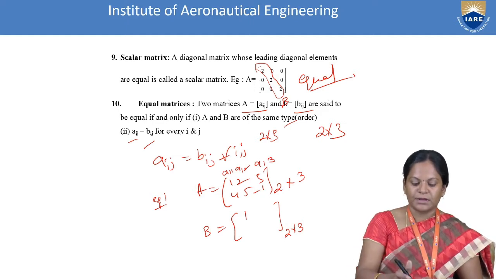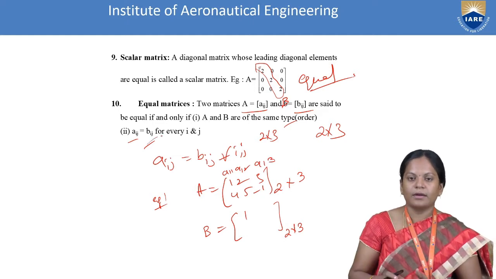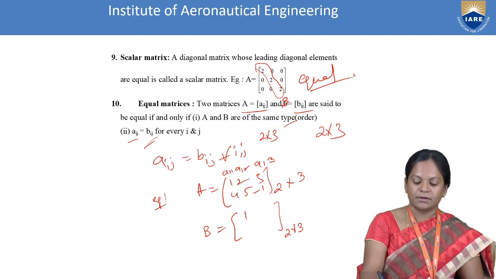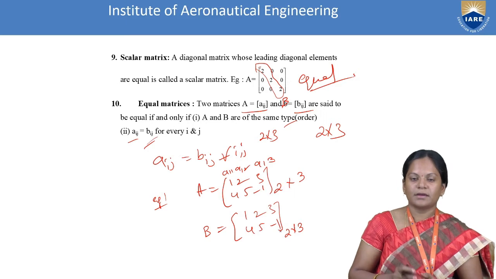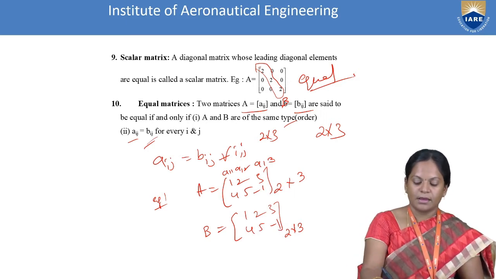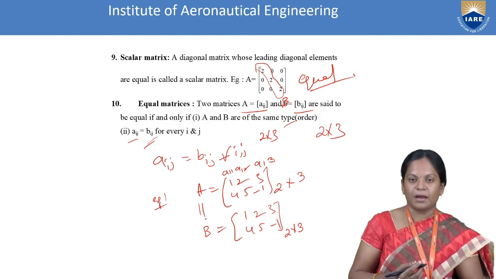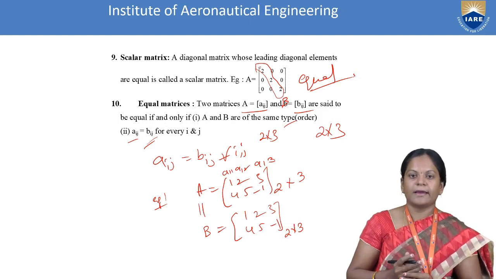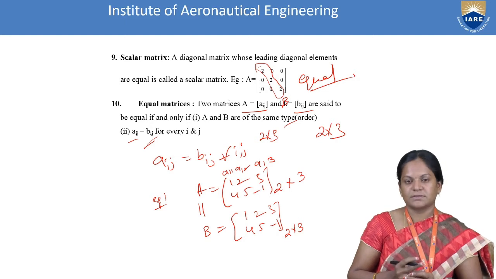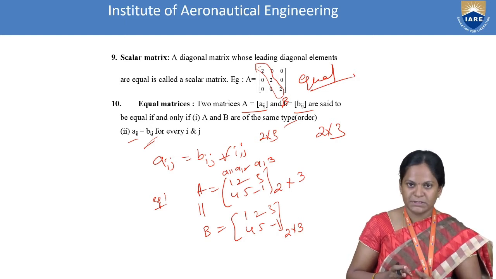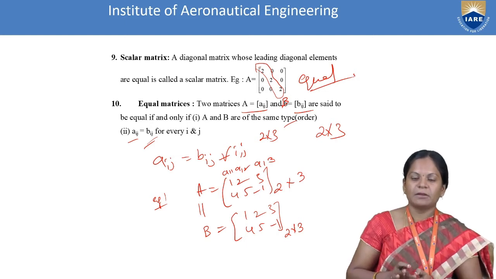Similarly, in the B matrix all have the same elements: 1, 2, 3, 4, 5, minus 1. Here Aij and Bij are both the same. Then we say A and B are equivalent matrices. The first condition is that the order should be the same, and each and every element in A and B should be the same. Then we can say A and B are equivalent matrices.